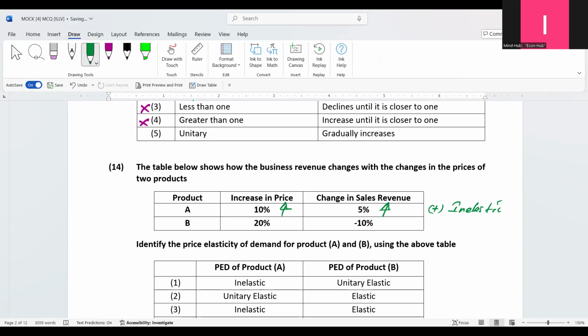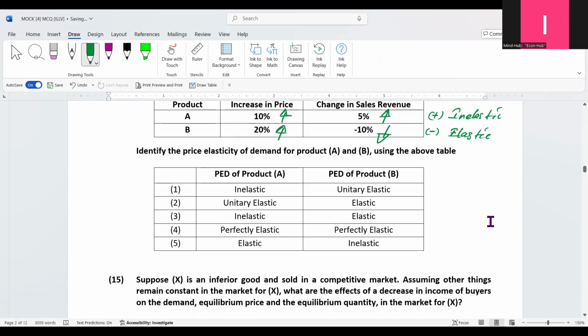So it can't be perfectly. It's relatively inelastic. Get it? B, increase in price, quantity demand is decreasing by 10%. So the negative relationship indicates elastic. So correct answer should be A, inelastic, B, elastic. Answer number 3.